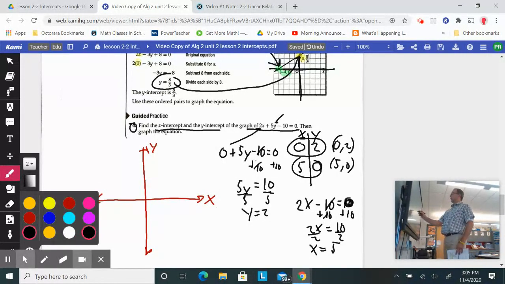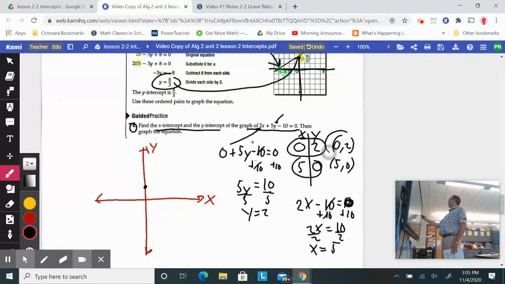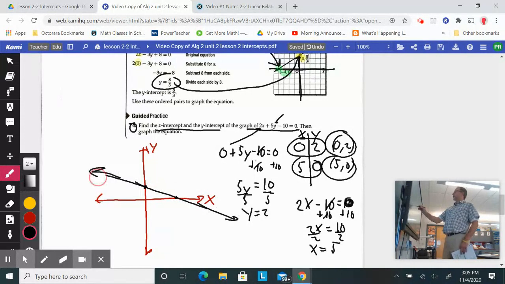X is 0, y is 2. That's my y-intercept. That's what I had right here, my y-intercept. And my x-intercept is 5, 0. That would be over here somewhere. And then you would get a straight edge, maybe a ruler or something, and make sure it's straight through there, and that's your line. There's your y-intercept, here's your x-intercept.